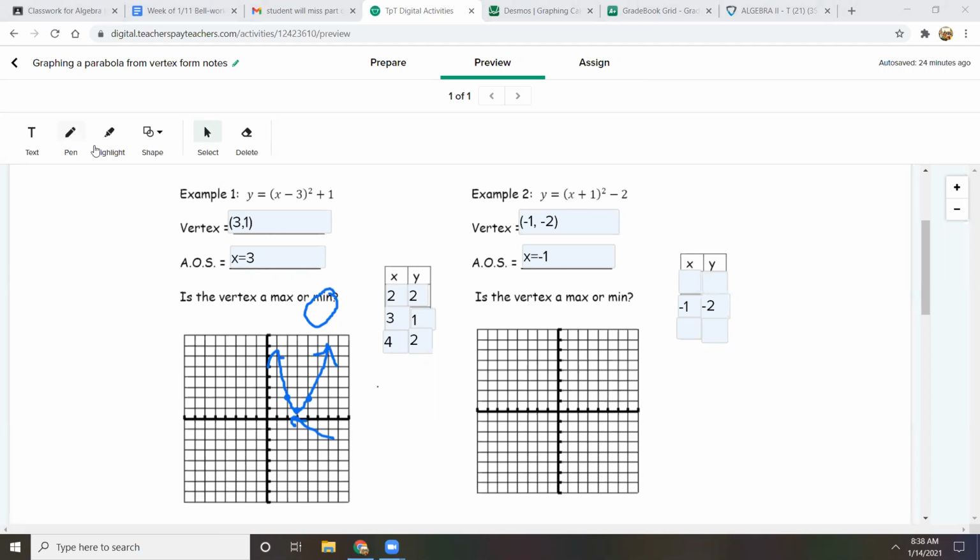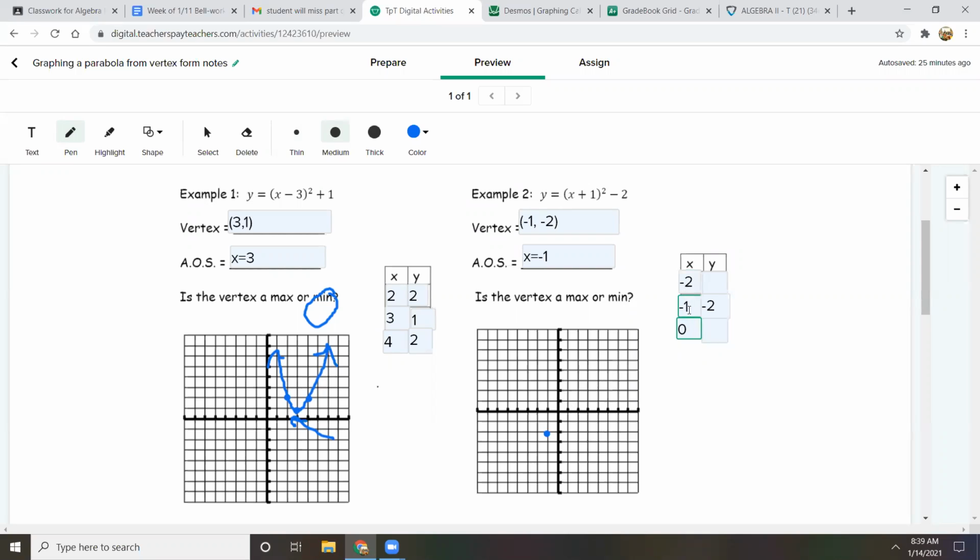So I'm going to go ahead and plot my vertex. It's at -1, -2. I'm just going to use medium so maybe it's a little bit easier to see. And remember, we're going to plot 1 point to the left of this and 1 point to the right of this. So 1 less than -1 would be at -2, and 1 more than -1 would be at 0.